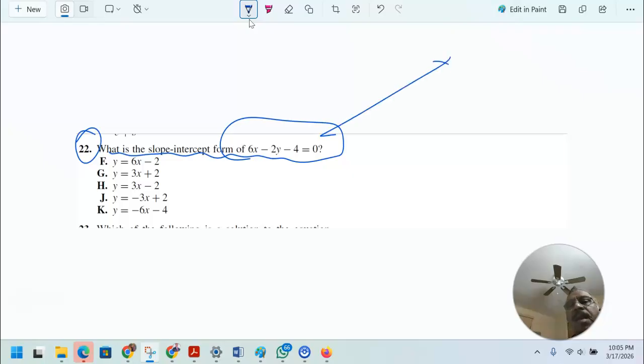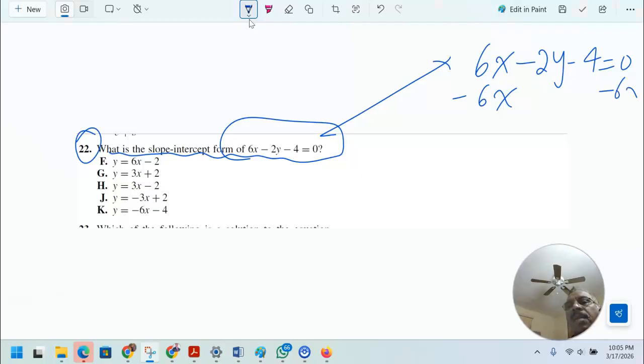Question number 22 is, what is the slope of this? Now this can be done in two ways. One is like in pre-algebra, where you solve for y. You subtract 6x first on both sides, so you get minus 2y minus 4 is minus 6x.